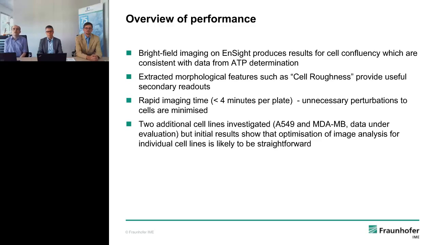There's some initial evidence, I think, which shows that extraction of these morphological features, such as cell roughness, will provide a very useful secondary readout. And it may be the case that it gives an earlier perspective on the cytotoxic effects, or it's a more sensitive readout than potentially either the ATP or the cell proliferation.